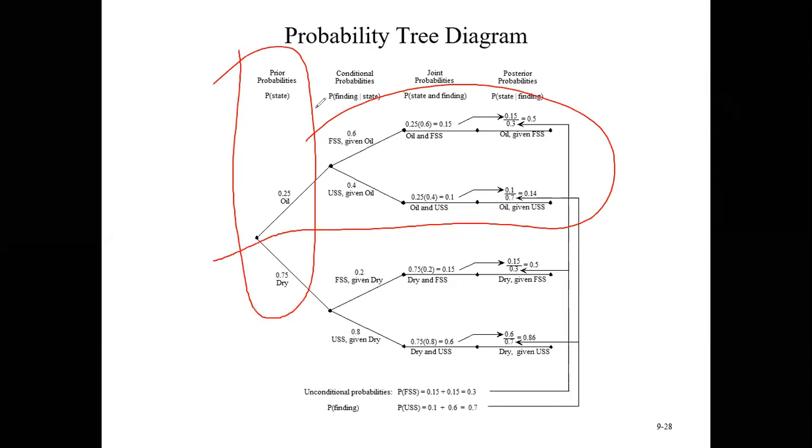The new survey enabled us to determine that yes, there's a much higher probability of having oil, and there's a 40% probability of not finding oil, according to the new information given.